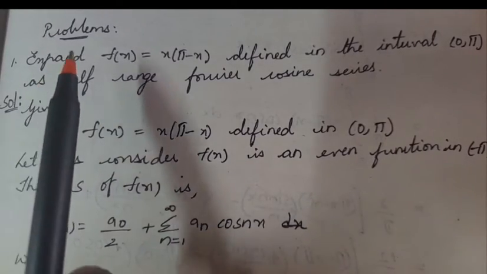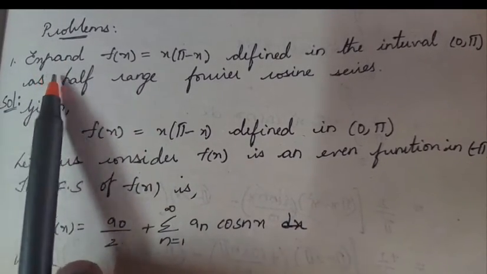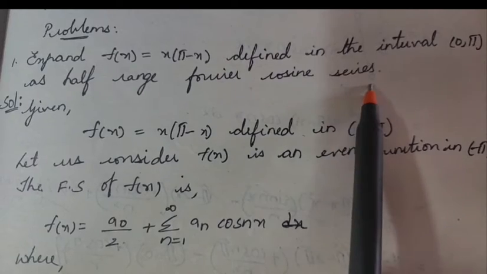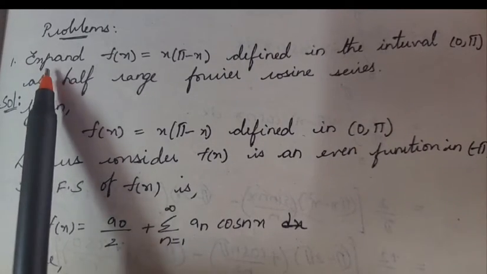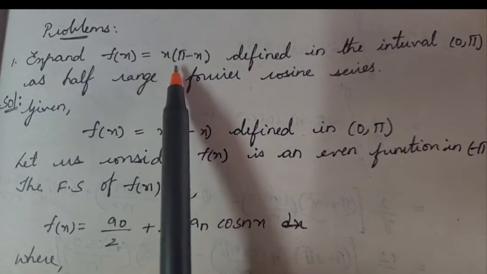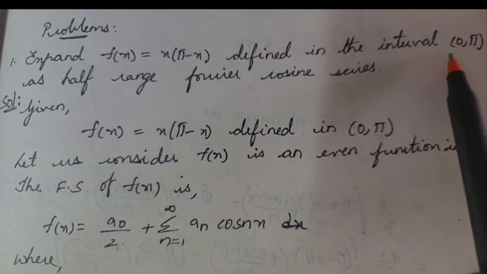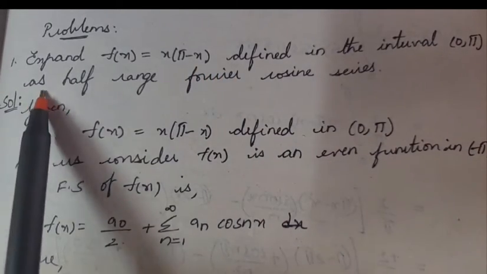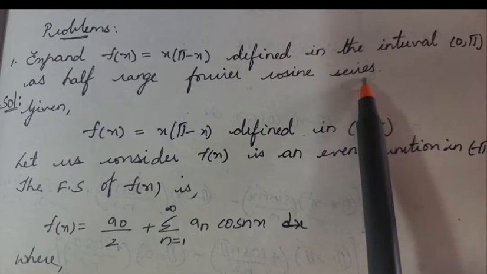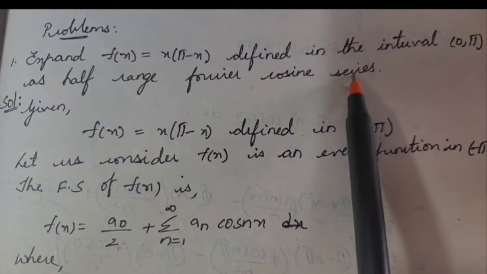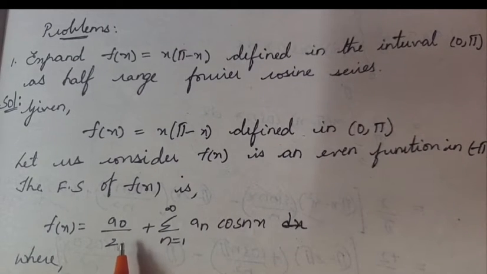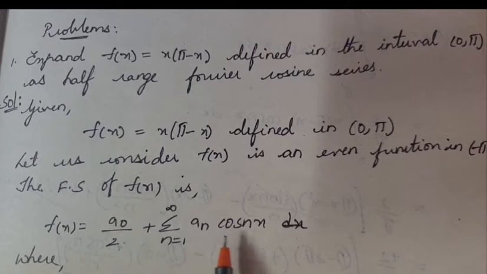So this is the problem for half-range Fourier cosine series. Expand f of x equals x into pi minus x, defined in the interval 0 to pi, as a half-range Fourier cosine series. Half-range Fourier cosine series means we will consider a0 and an cos nx.